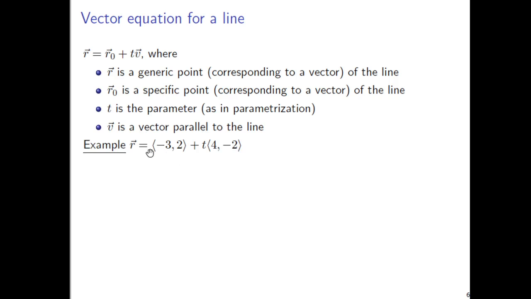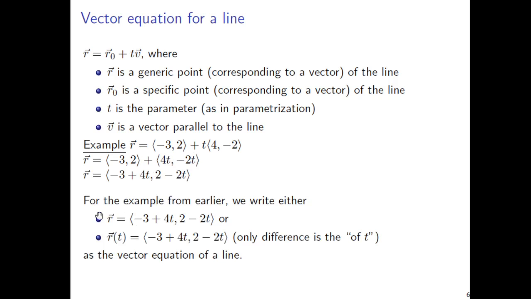So in the example we just looked at, we can multiply in this t, do the scalar multiplication and do our vector addition and get a thing that looks like this. And so we could have written our earlier example in this format as well. And I've just included the of t, and this is another form of writing the vector equation for the line.